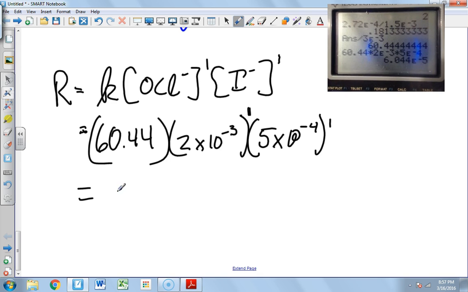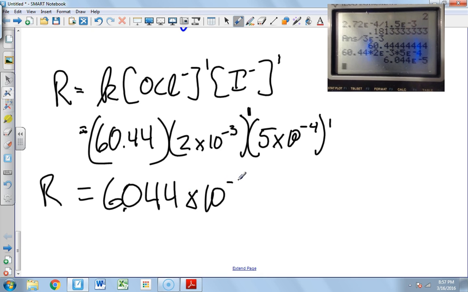When we do that, we get the rate equals 6.044 times 10 to the minus 5. And what's the unit on that? Moles per liter second. Okay, so there is one method of initial rates problem. Problem 14.33.